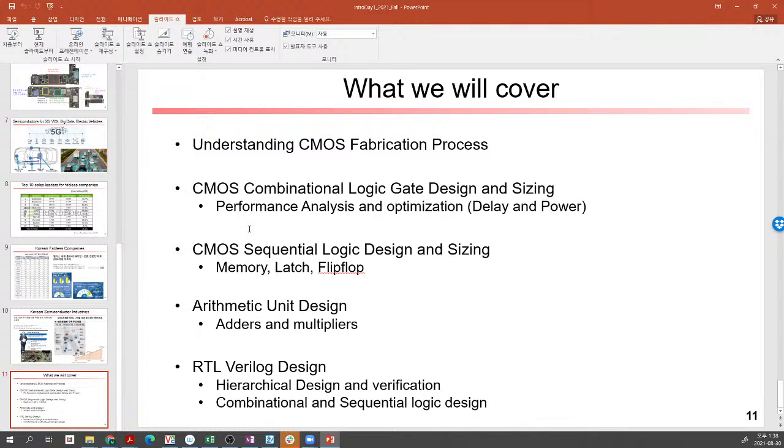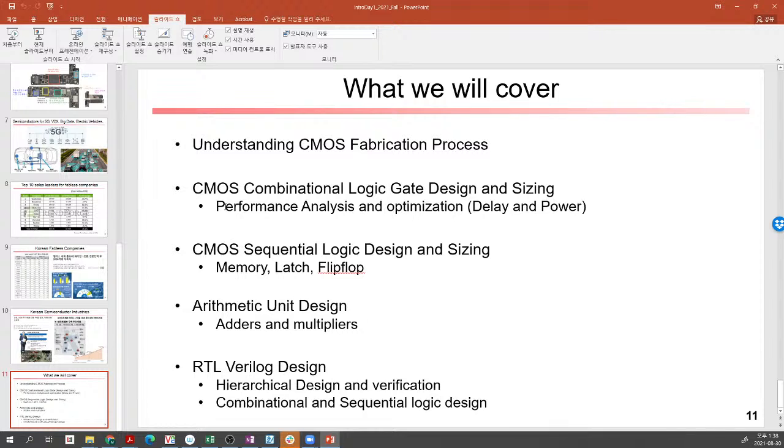Throughout this course, first we will understand the CMOS fabrication process. Once we understand how the CMOS device, how the transistor, is fabricated, then we will move on to combinational logic gate design.